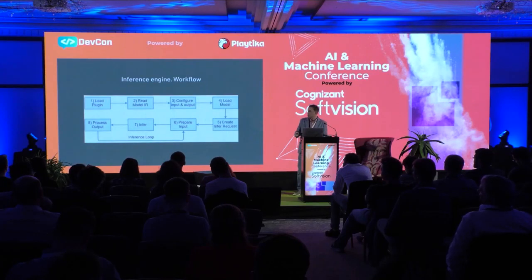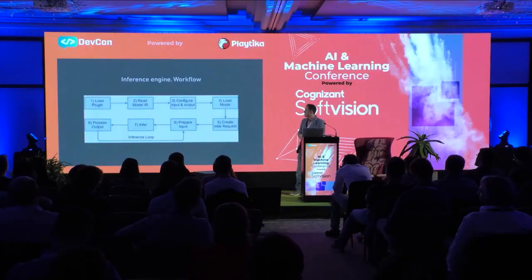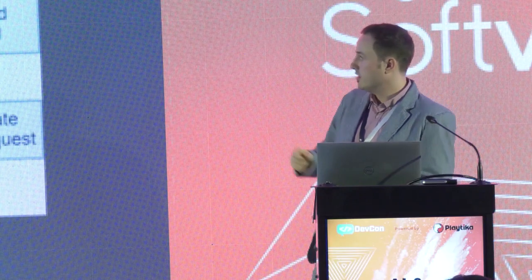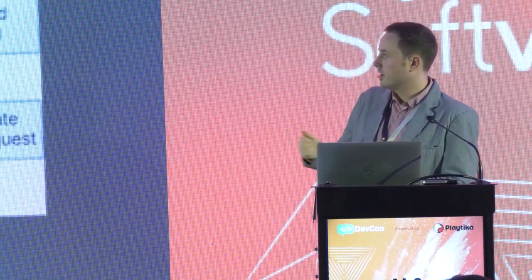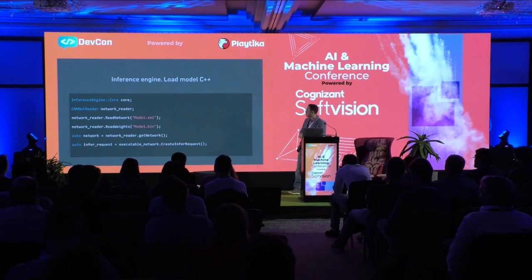Cool. So here's the workflow for the inference engine, right? You load the plugin, you read the IR model, you configure what needs to be configured, you load the model, you create an inference request object, and then you have an inference loop, right? You prepare the input, you inference, and then you get the output. So everything pretty straightforward. Let's see how it looks in C++.